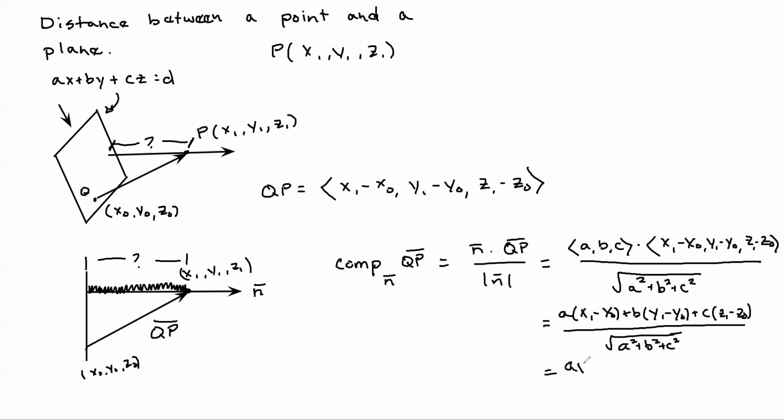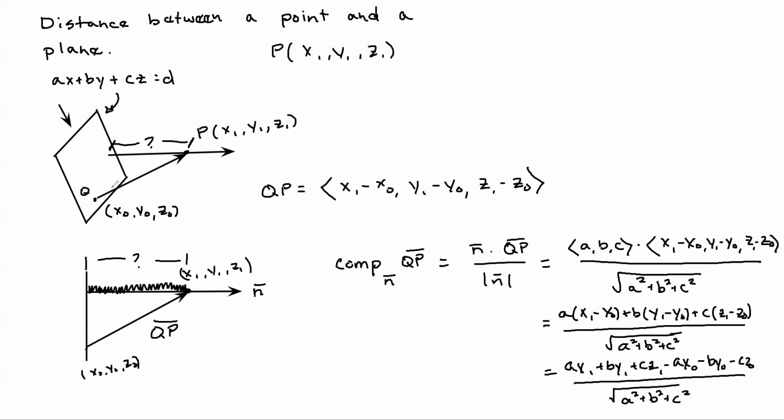We're going to have AX1 plus BY1 plus CZ1. And intentionally, I'm putting those first. And then we're going to have minus AX naught minus BY naught minus CZ naught, all over the square root of A squared plus B squared plus C squared.